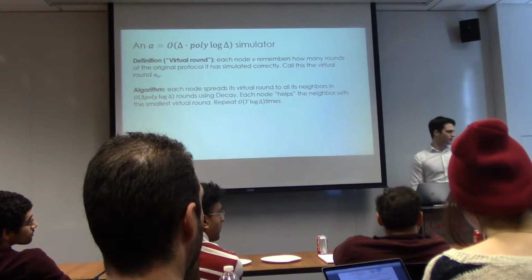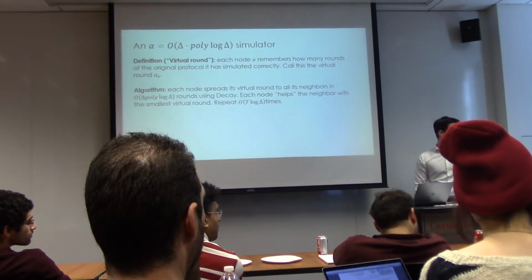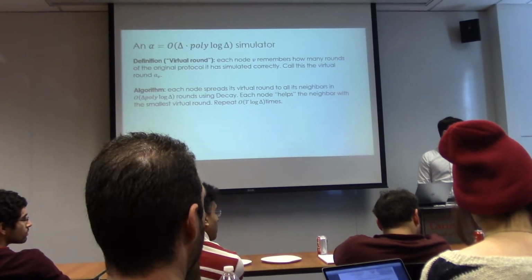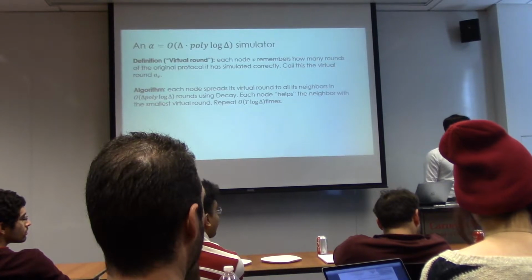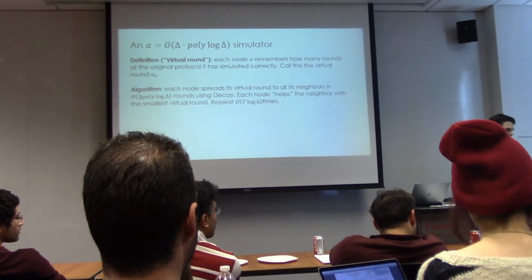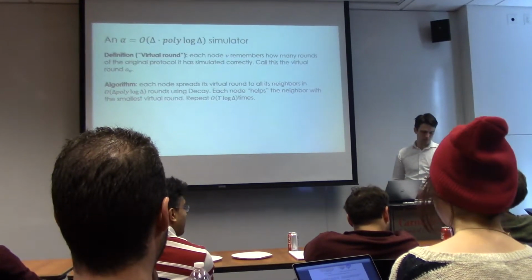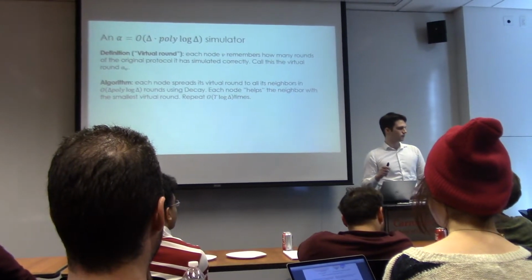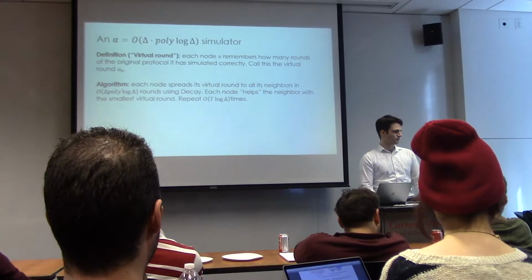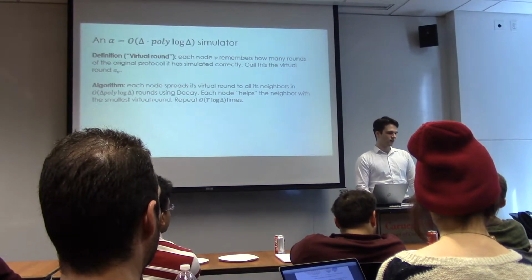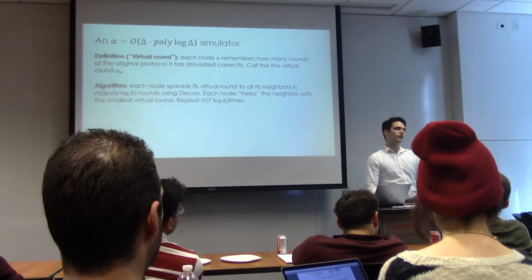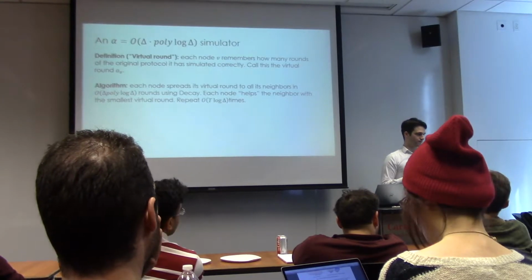You have a question? I was going to ask if this is just an analytical technique or if it's something that the nodes actually do, but it looks like you're answering that. It looks like it's the second one. Is it realistic for a node to know how many rounds it's simulated correctly? Doesn't the node then have to know whether its message got to its neighbor? No, it only needs to know the original protocol for itself.